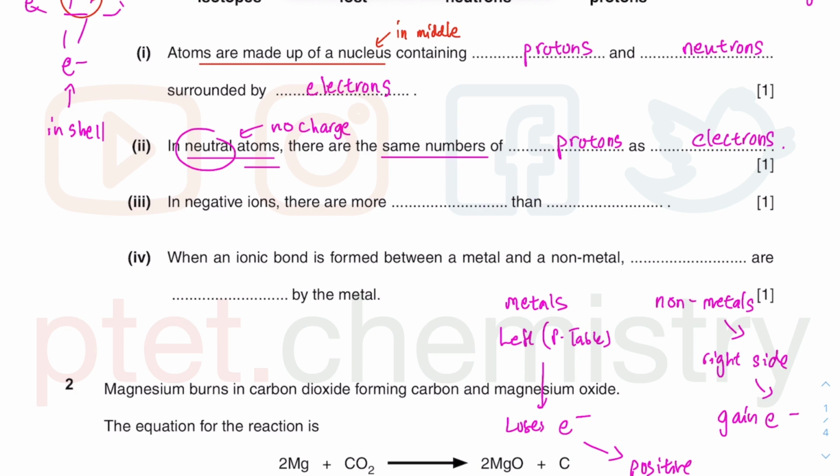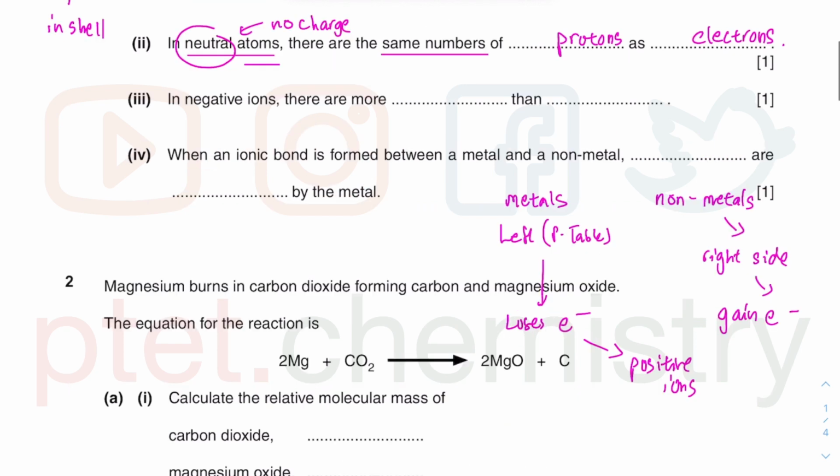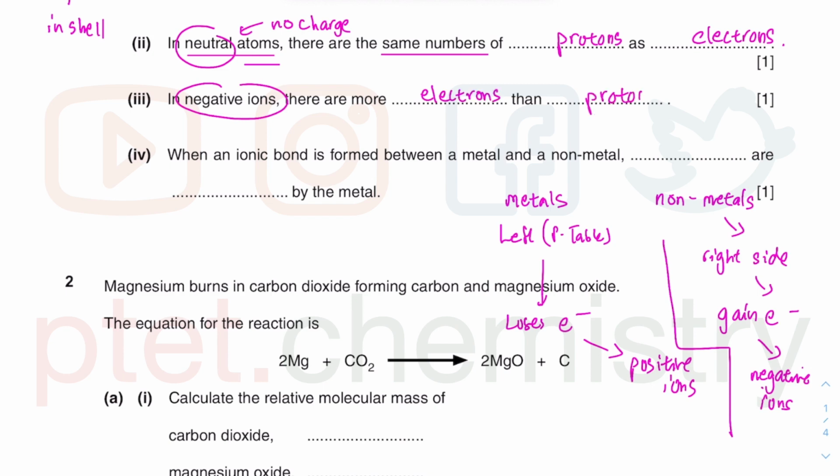So metals lose electrons, non-metals gain electrons, and they form an ionic bond. When they gain electrons, you will have more electrons than protons. These are called negative ions, because you have just gained electrons. An ionic bond is formed between a metal and a non-metal.